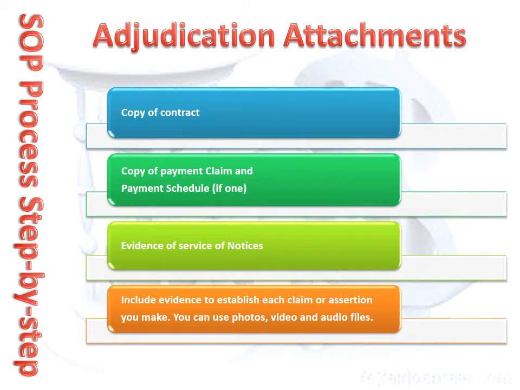Generally, must-have attachments will be the contract, the payment claim, the payment schedule, if any, evidence of service of all notices and claims, and a copy of all served notices and claims, and an explanation of how you have calculated the payment claim amount.